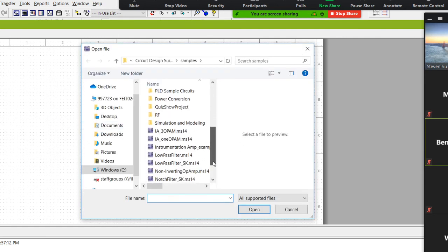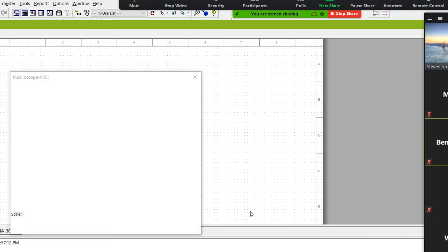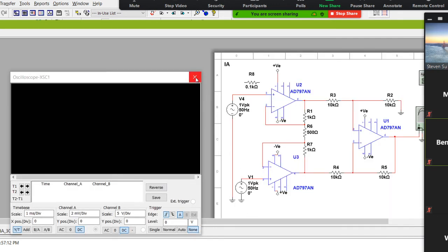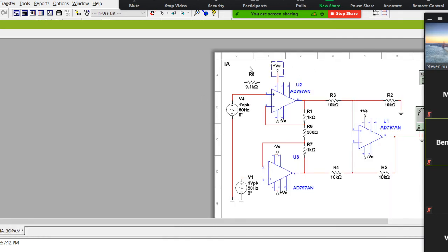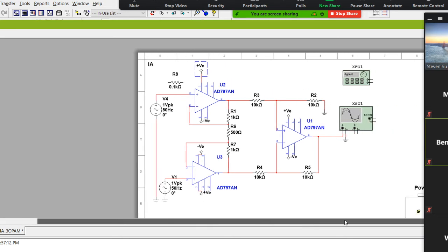So I show you the first stage of your assignment. You need to do a 3 op-amp instrumentation amplifier, so you need to build something like this. You can see the two input signals are exactly the same, right?